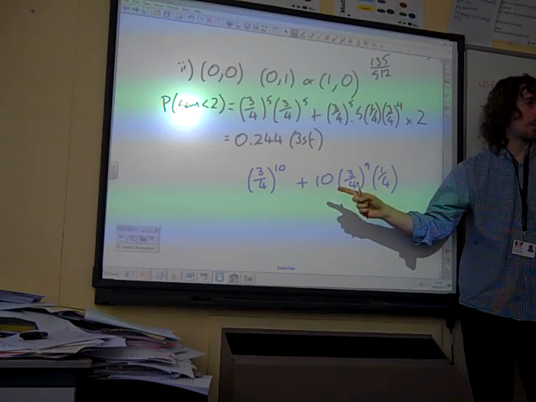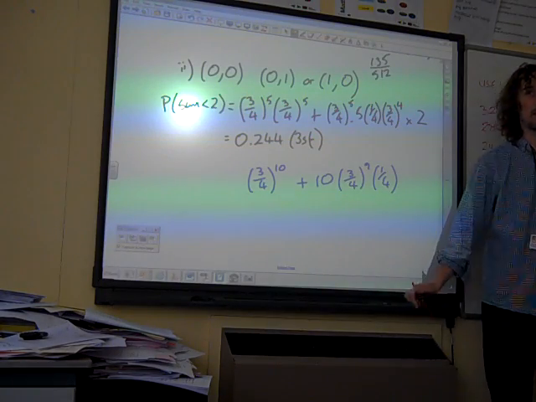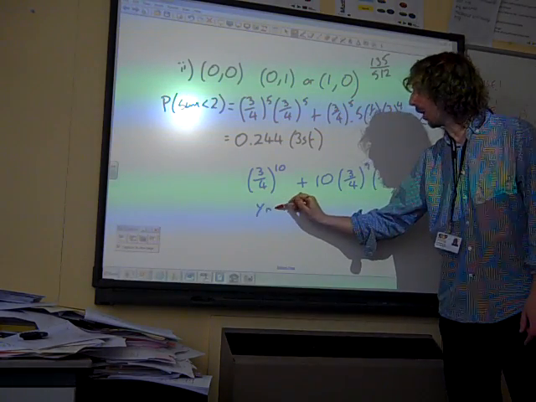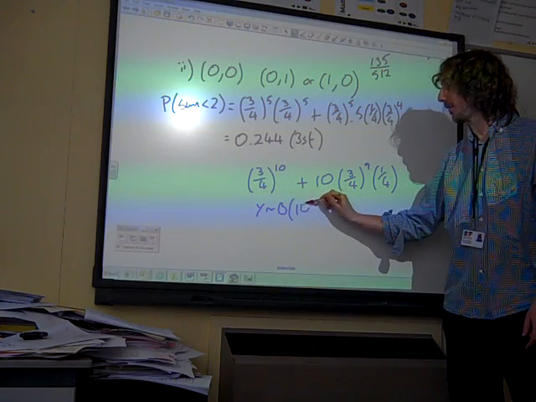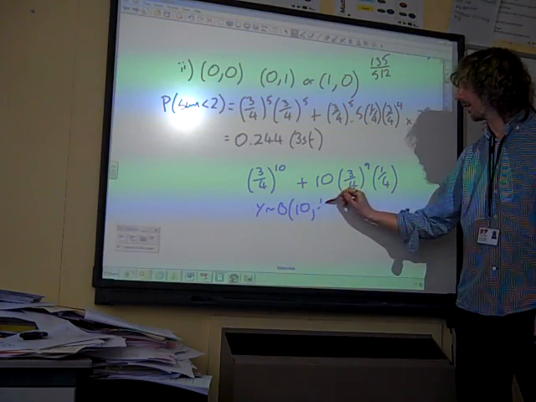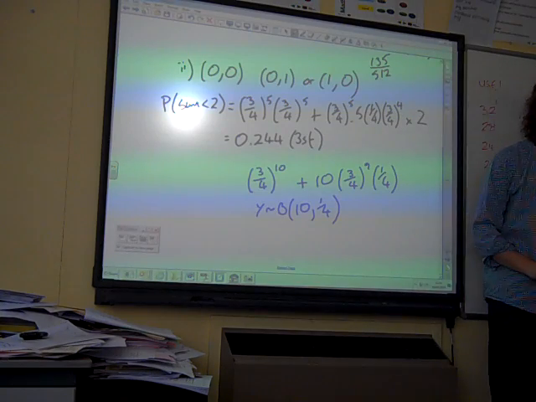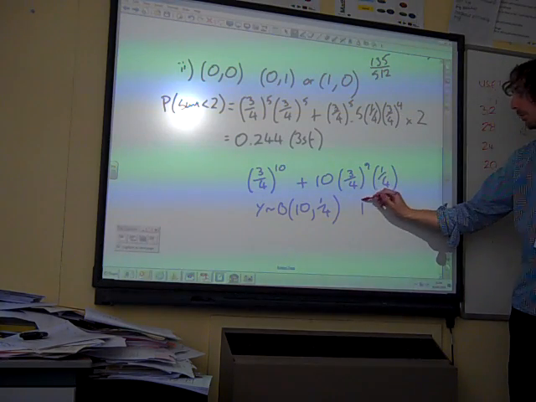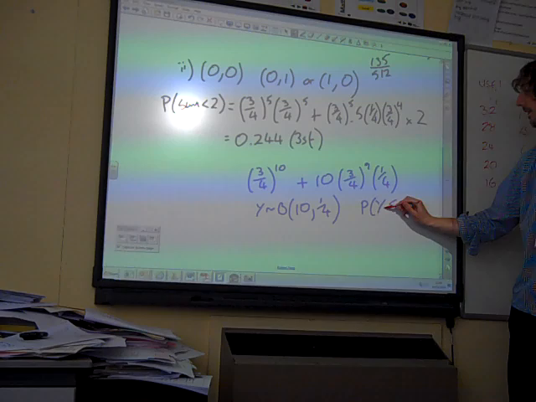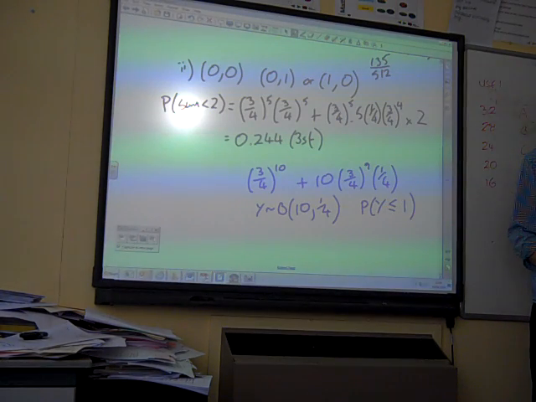And that is exactly the probability that, if y is binomially distributed with 10 trials and a quarter being the probability of success, y is less than or equal to 1.